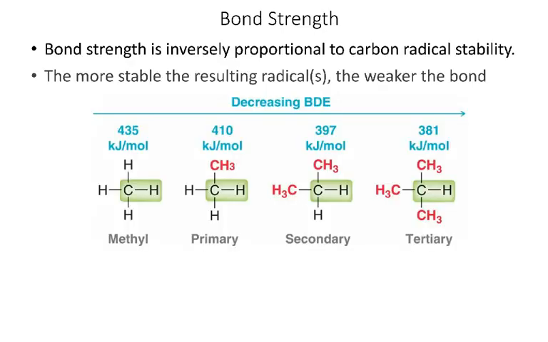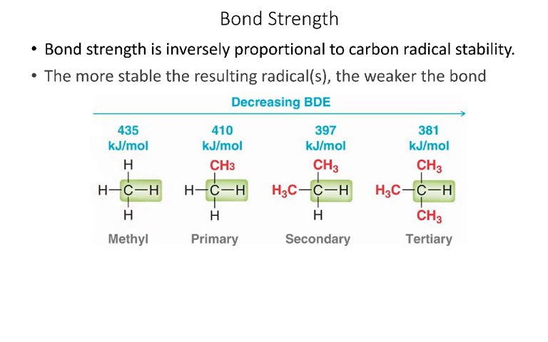So one thing that's related to radicals is the strength of carbon-hydrogen bonds. Bond strength is inversely proportional to the stability of the radical that we would form by doing a homolytic bond cleavage. So if I try to break this CH bond and do it homolytically, where I split up the electrons and one electron goes to the carbon and one electron goes to the hydrogen, because the methyl radical is particularly unstable, that requires the most energy.